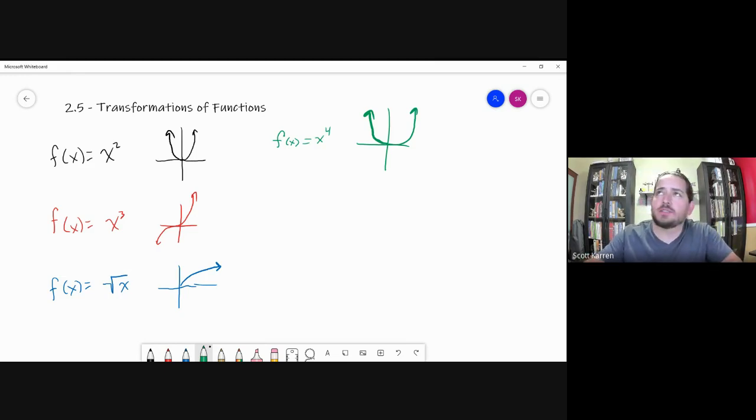And then, what else should we know? The 1 over x, you should probably know that one. Let's say we've got f of x equals 1 over x. That's going to come along in the upper right quadrant like this, and then it kind of goes up, and it has this asymptote where there's no value at 0, because if the denominator is 0, it doesn't exist there.